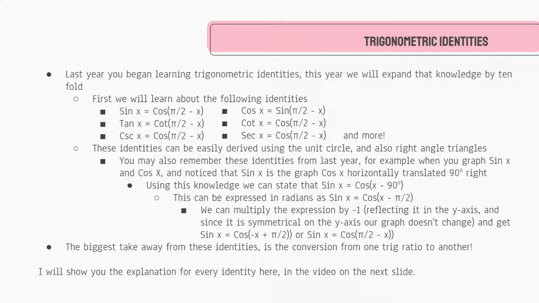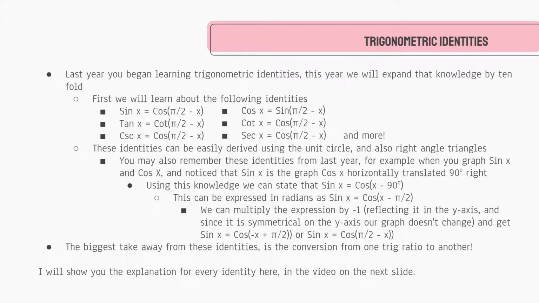So, you should remember that sine of x is essentially the graph of cos of x, horizontally translated like 90 degrees, right? So using this knowledge, we can actually write that as sine of x is equal to cosine of x minus 90 degrees. Since we're dealing with radians, I just rewrote it using radians, which is that form over there.